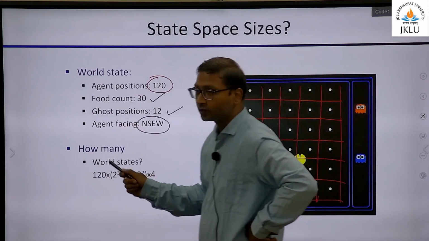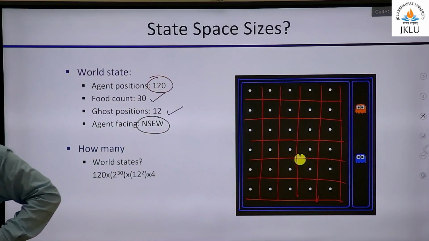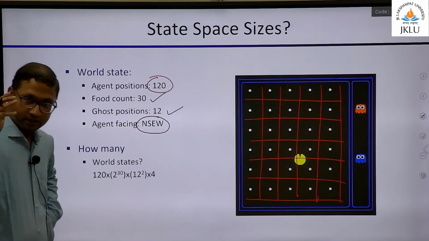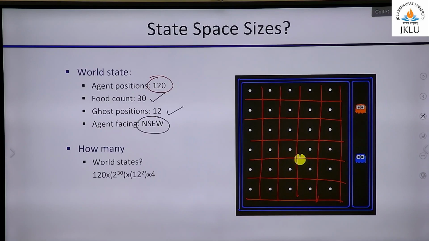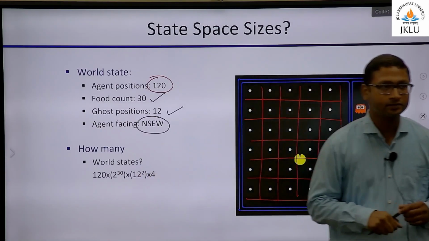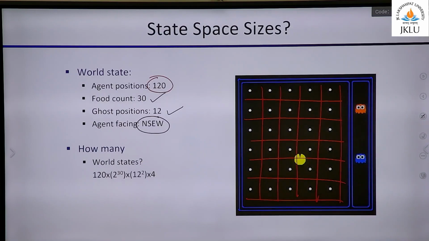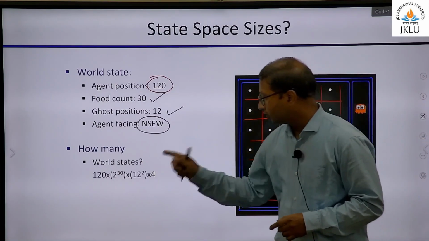Right. So why 2 to the power 30? Either food is present or it is not there. So 2 to the power 30 comes from there. 12 square, 2 ghosts, 4.